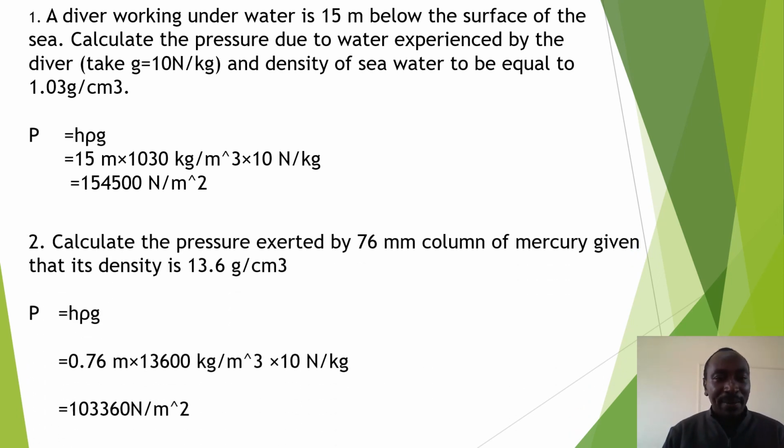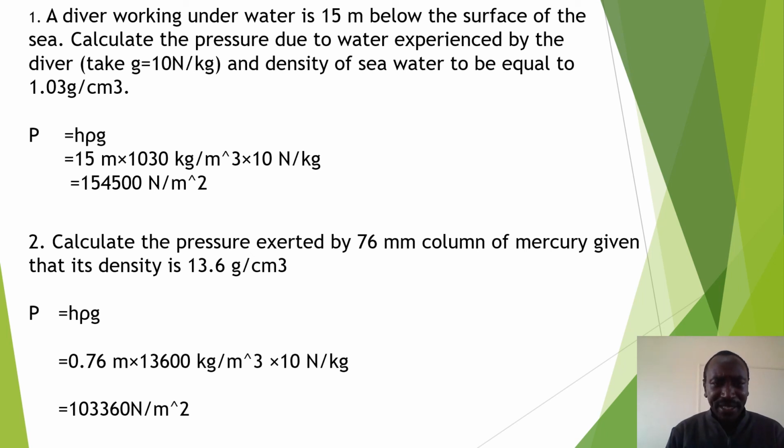Let's have another example. Calculate the pressure exerted by a 76 millimeters column of mercury, given that its density is 13.6 grams per cubic centimeters. Here you'll be given the H in millimeters, so you have to divide that by 1000 to get it in meters. You get 0.076 meters.